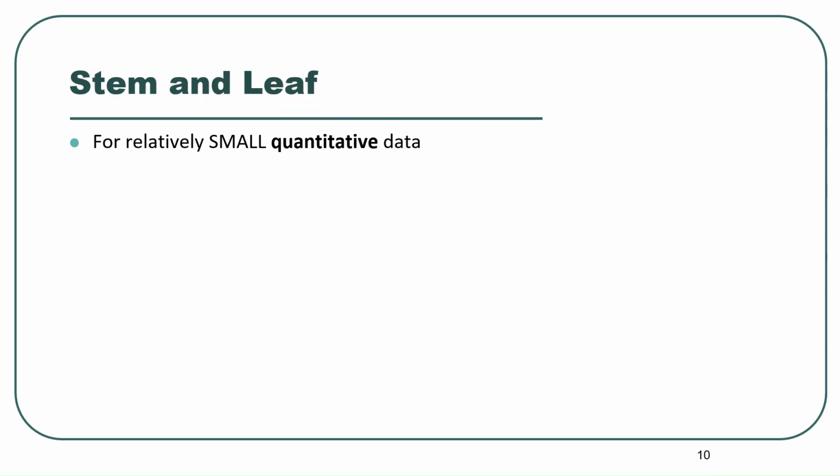Okay, the second graph for a small quantitative data set, of course, is the stem and leaf plot. In the stem and leaf graph, we are going to do something else. We are not going to represent each value as a dot above the x-axis.